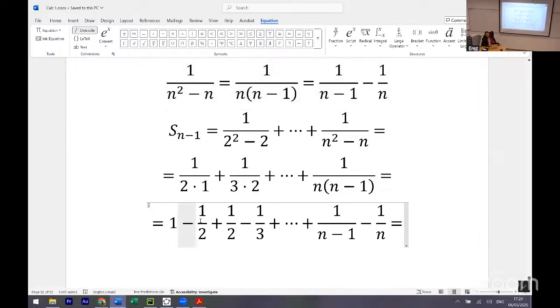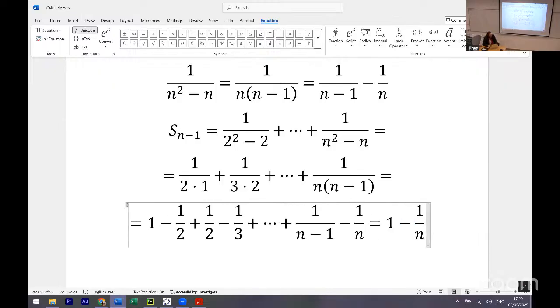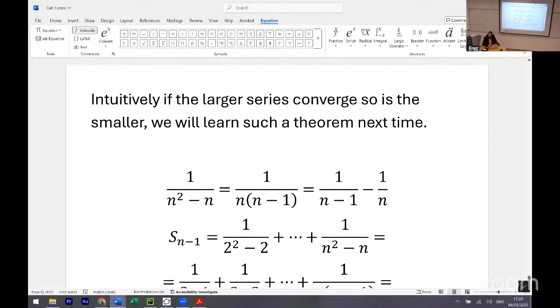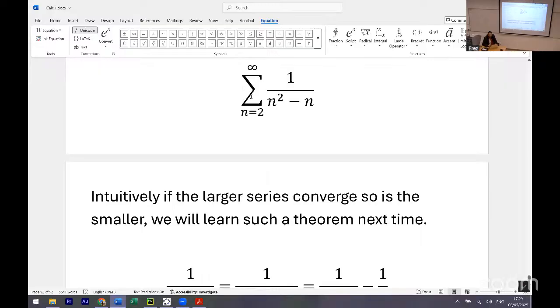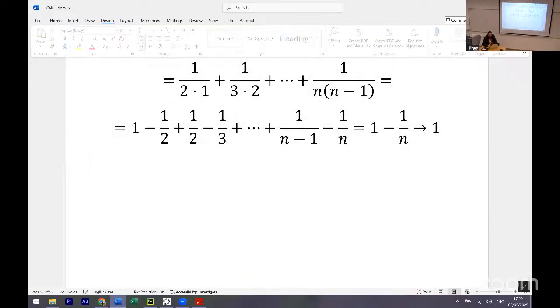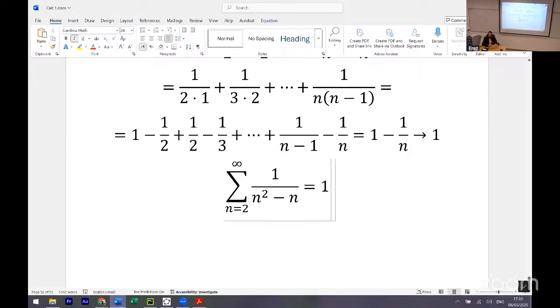So what is minus half plus half? It's 0, 0, 0. So it's 1 minus 1 over n, which tends to 1. And therefore the series converges to 1.